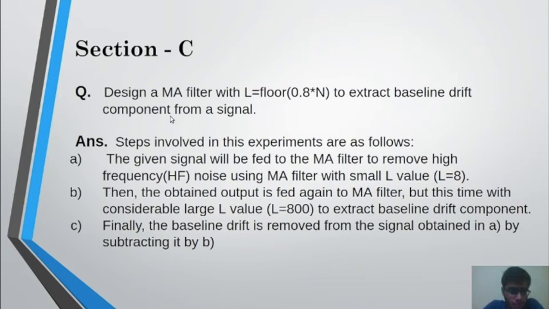Section C. Now we were asked to design a moving average filter with L equal to floor of fraction times N to extract the baseline drift component from a signal. First we should know why this baseline drift component arises in a signal.